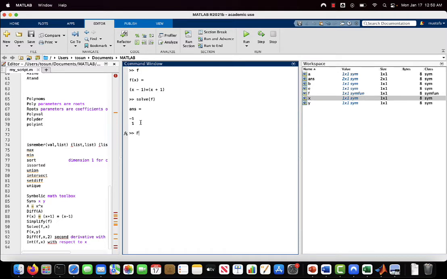But in an expression in here, let's say fx, you can use any mathematical function, for example, sine. I can use sine here, sine x. If I say solve f, this time my root is 0. Why? The sine of 0 is 0.